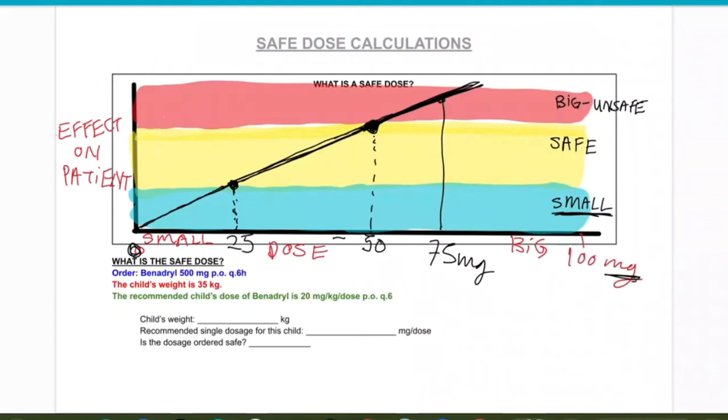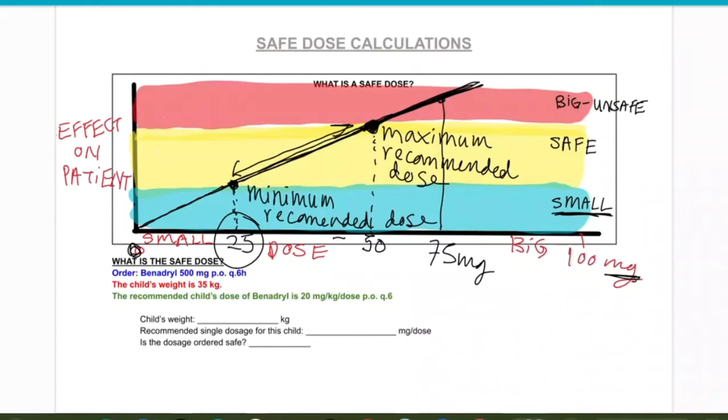So basically, this zone is where you want to be in. This dose, 25 milligrams, is called your minimum recommended dose. And this will be your maximum recommended dose.